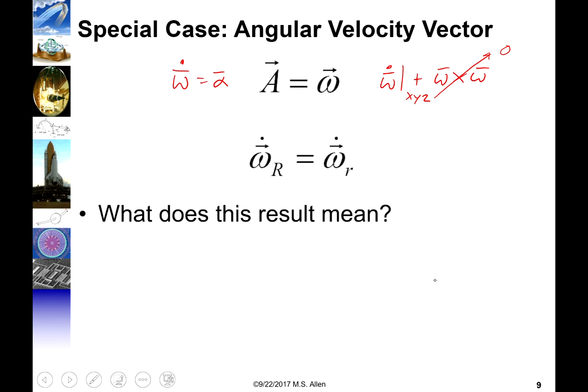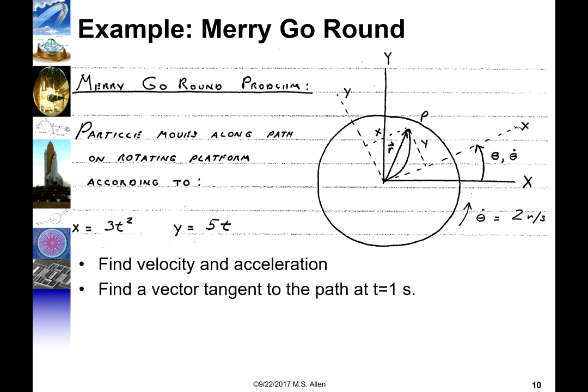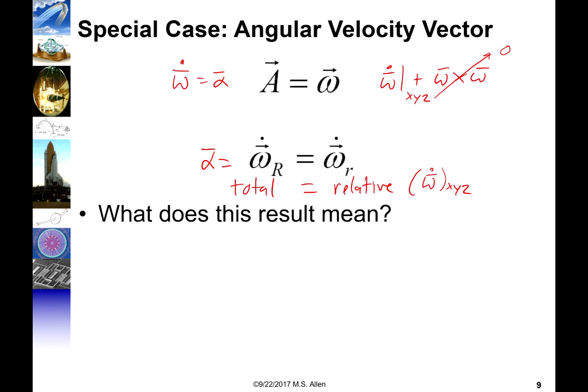So one way of writing this is saying, the total derivative, or this is what the Ginzburg book is going to call alpha, that's equal to the relative angular velocity. So this is kind of like our omega dot relative to xyz, using that notation.